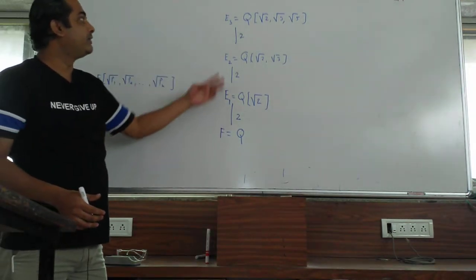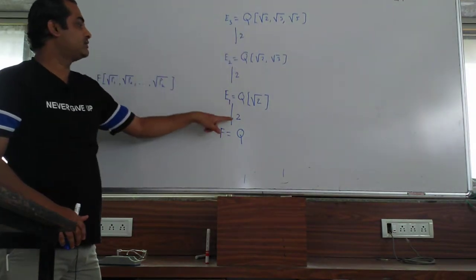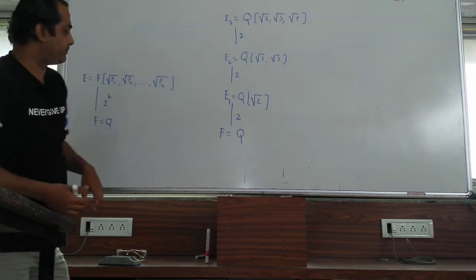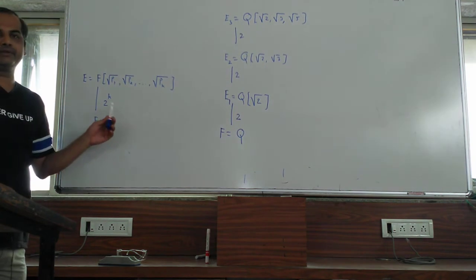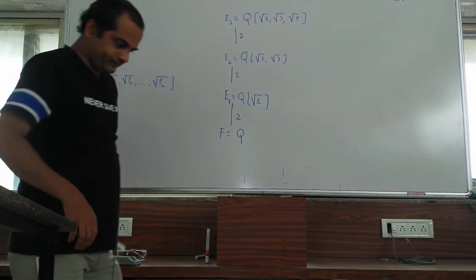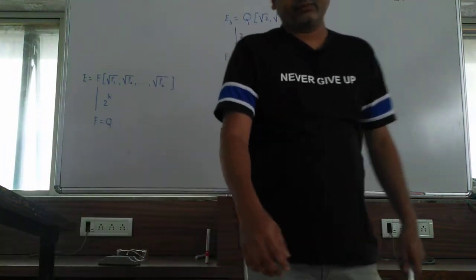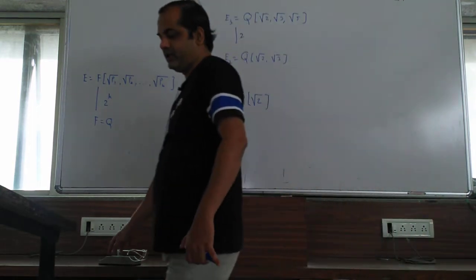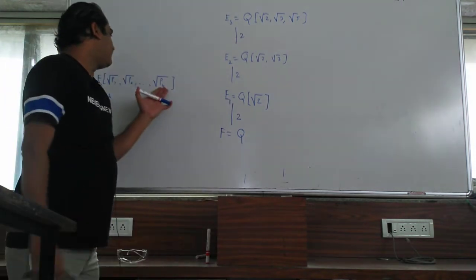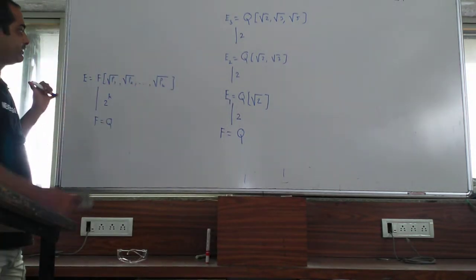So if there are 3 primes, the degree of extension is 2 into 2 into 2, 2³. In general, directly you can say this. This is useful. If you attach square roots of prime numbers to the field of rationals, you get the degree of extension 2 raised to k, where k is the number of primes attached.